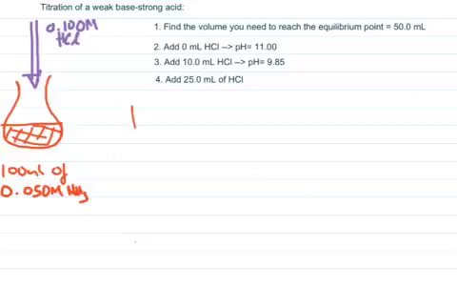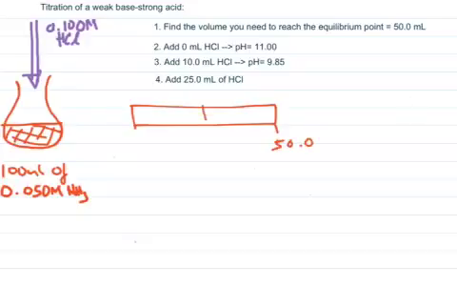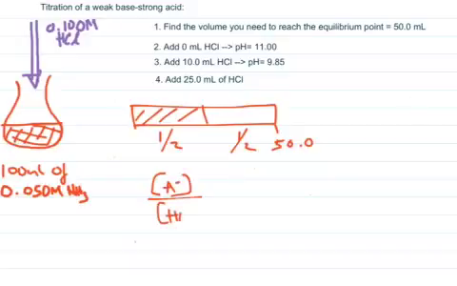Again, I'm just going to draw out how much it is to get to the equilibrium point, which is at 50 milliliters. Well, if I'm at 25 milliliters, I'm actually halfway to the equilibrium point. So that means my base and my acid are going to be the same, which means the ratio is going to equal 1.